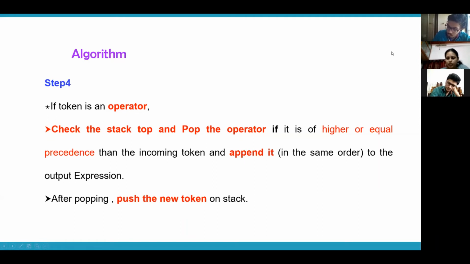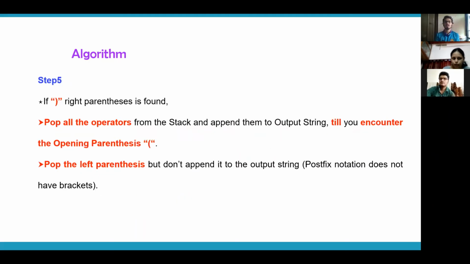You'll have to tell him, please wait for some time in the queue until I entertain this person. So if the precedence of the one who is coming is lower, you cannot entertain him along with the person who is in the stack. The one in the stack is bigger, he is important. So you'll keep this person who is in the stack outside in the queue for some time, and you'll take this person of higher precedence inside. That is step number 4.